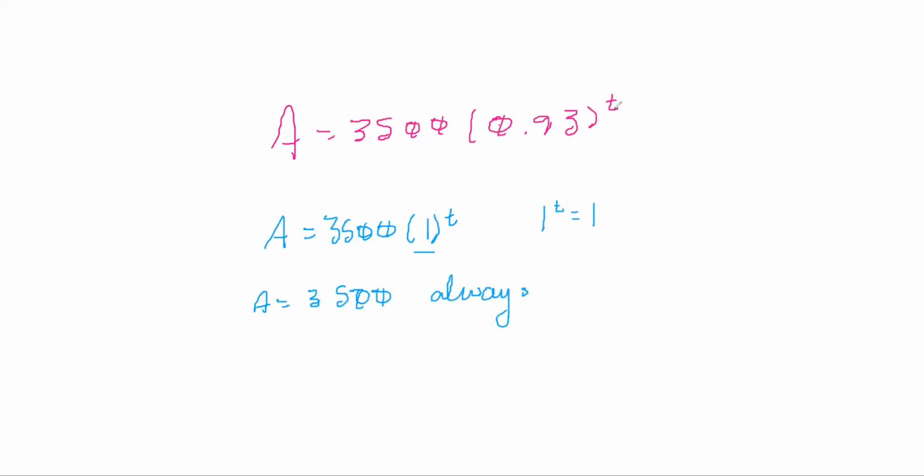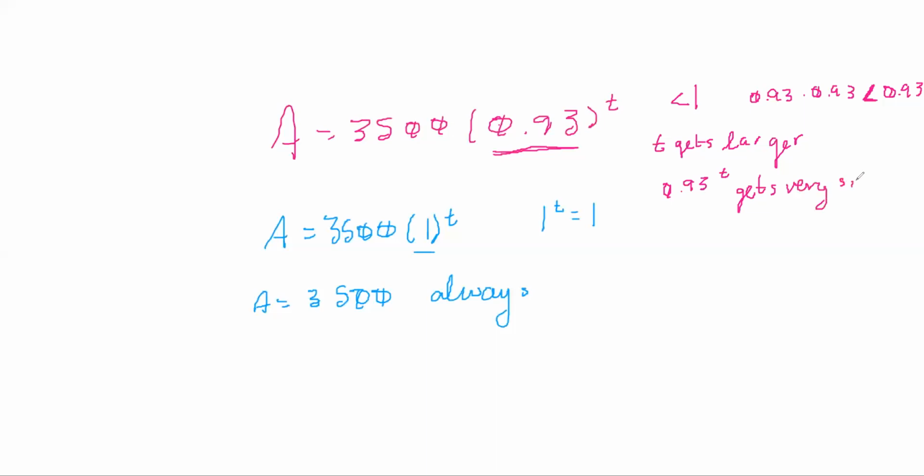Up here, I have 0.93 to the t. This is less than 1. So if I have t equals 2, for instance, it's going to be 0.93 times 0.93, which is going to be less than 0.93. And this is going to keep getting smaller and smaller and smaller. So as t gets larger, 0.93 to the t gets very small.